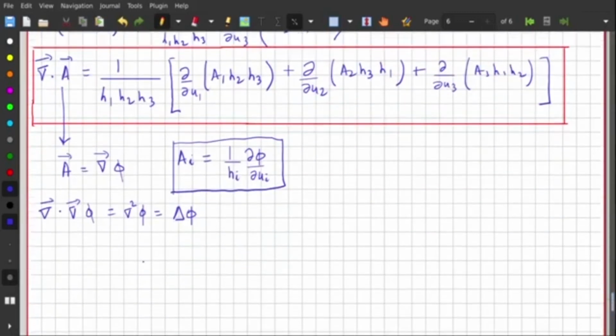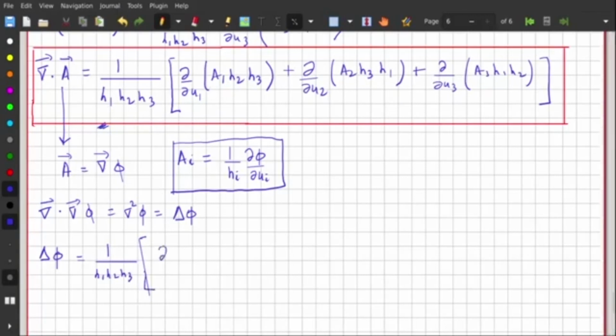So we can have a general expression for the Laplacian of any scalar field. It just becomes 1 over h1 h2 h3, and it naturally follows from the expression we had.